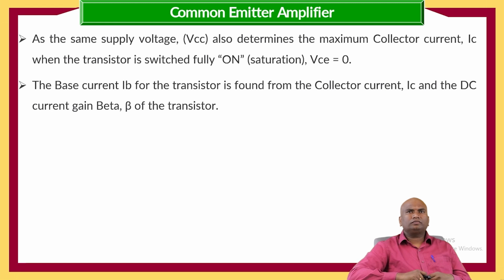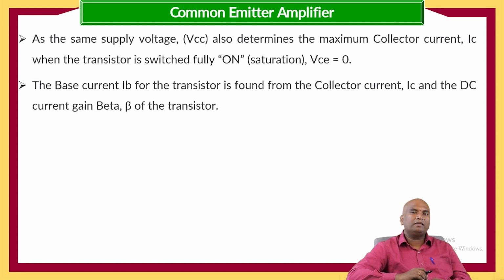So in this way we can get the base current value, because current gain is nothing but output current by input current. When we know the output current, the collector current, and the beta value, then we can get the base current.